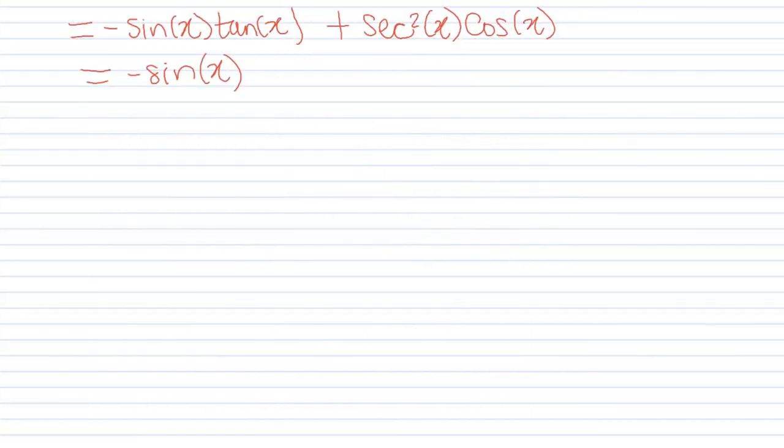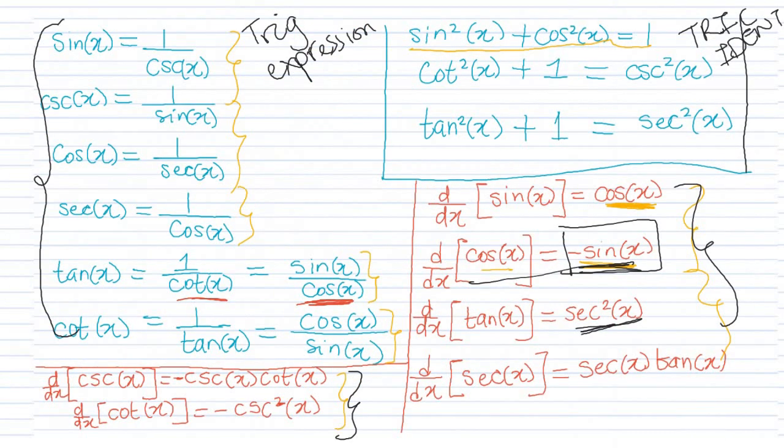So we're going to say negative sine x multiplied by sine x over cosine x, plus we have secant square x. What is secant square x? We see secant x equals 1 over cosine x, right? If you pause the video and write it down, if you're new to this series, you would easily remember secant x equals 1 over cosine x.